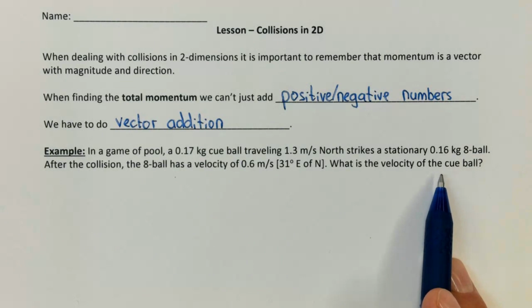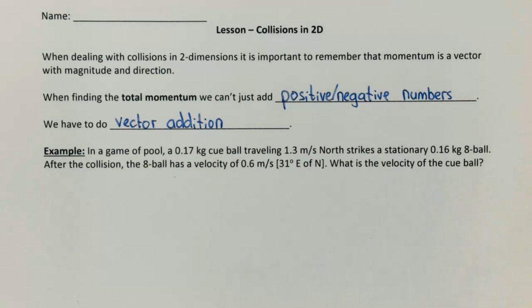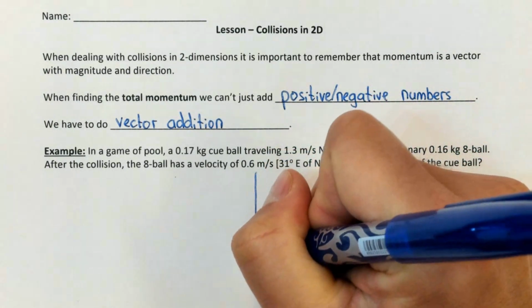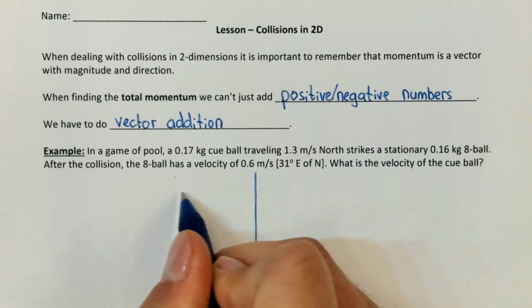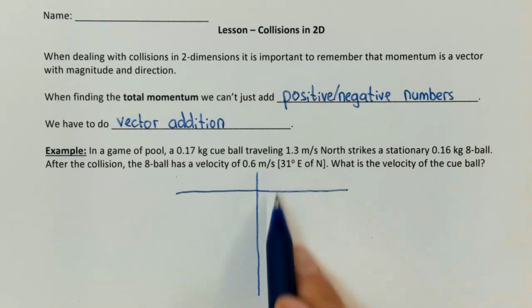So if this were a 1D momentum problem, I would advise you to start by splitting your page into two and drawing a diagram on each side. And so that's exactly what we're going to do. We're going to start by splitting my page into two. Initial over here and final over here.